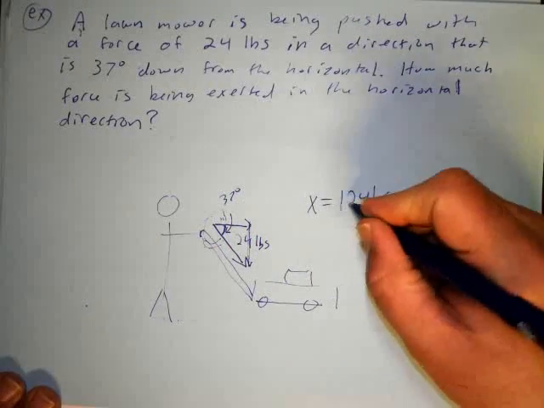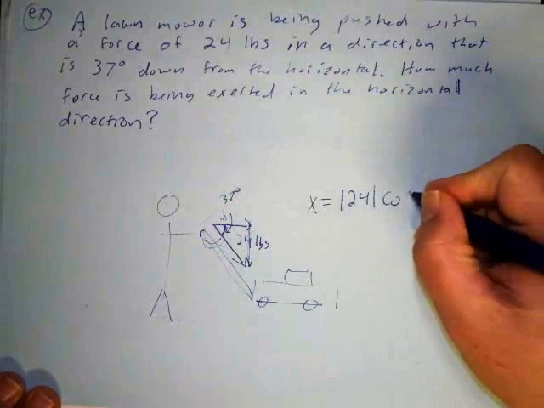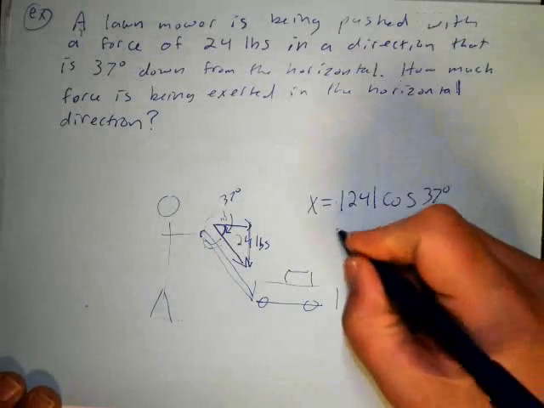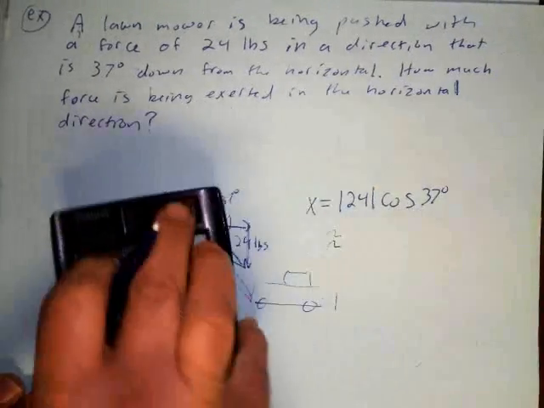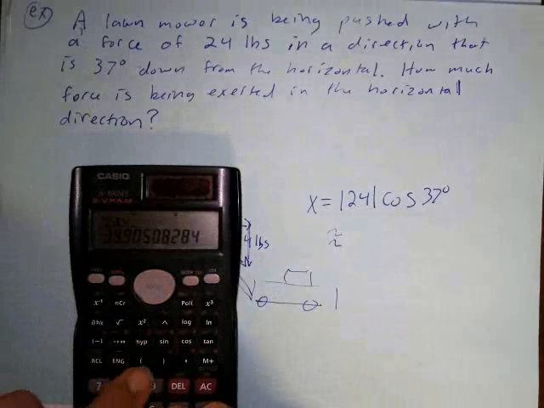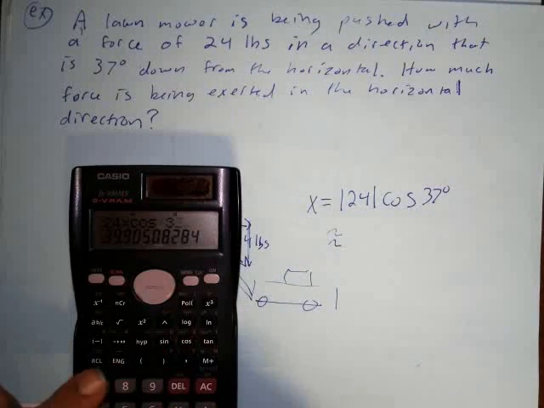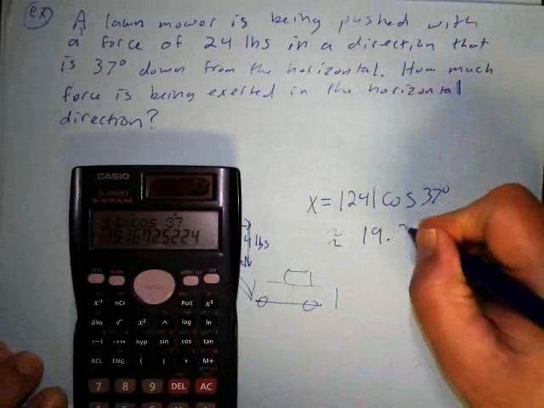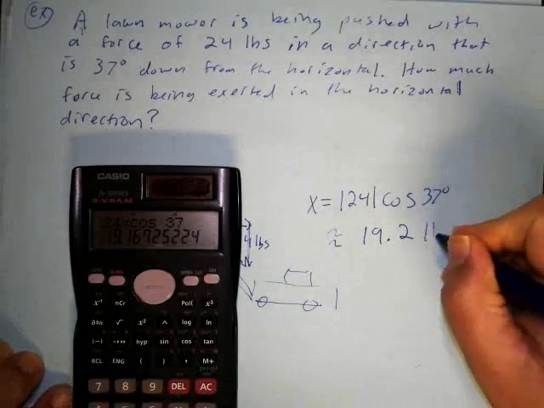So it's just the magnitude of the vector times the cosine of the angle, and that gives you the horizontal component. So 24 times the cosine of 37 is about 19.2 pounds.